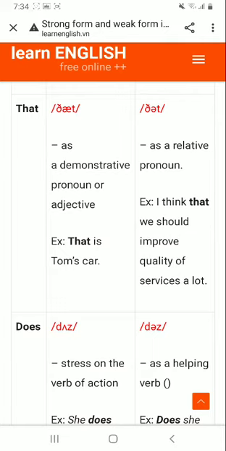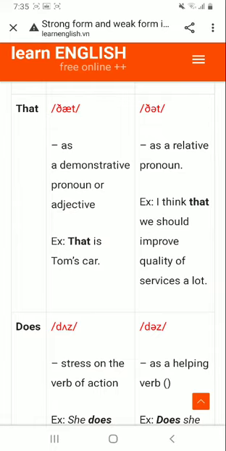And that comes into the weak form as a relative pronoun. Relative pronoun means when it comes with the pronoun, the words next to the pronoun, as in we that, he that, she that, we that, they that. That is called a relative pronoun. See here, I think that we.